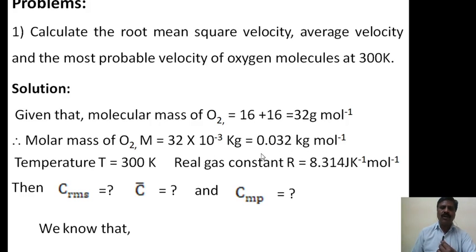This is the molar mass M of oxygen, and the temperature is given as 300 Kelvin. Again you know the gas constant R, that is 8.314 joules per Kelvin per mole.